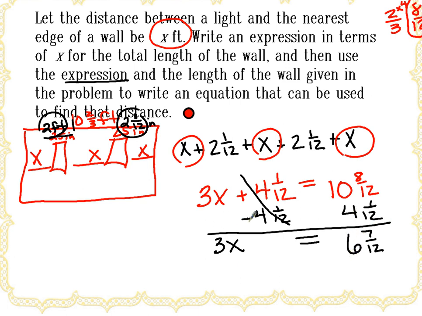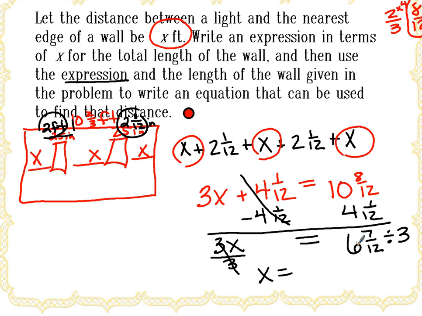And then in order to solve for x, to get x by itself, what's happening between the 3 and the x? Yeah, it's being multiplied, right? So we have to divide by 3, and we're dividing this side by 3. In order to divide by a fraction, here's the tip. Keep, change, flip.